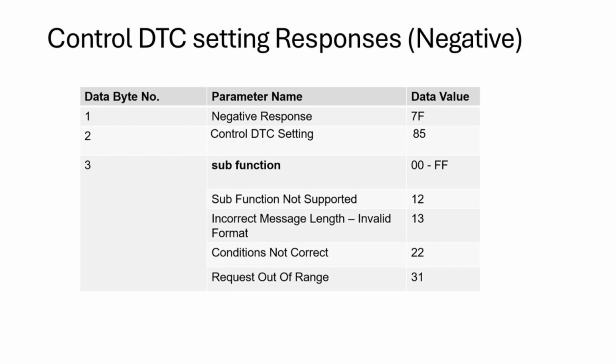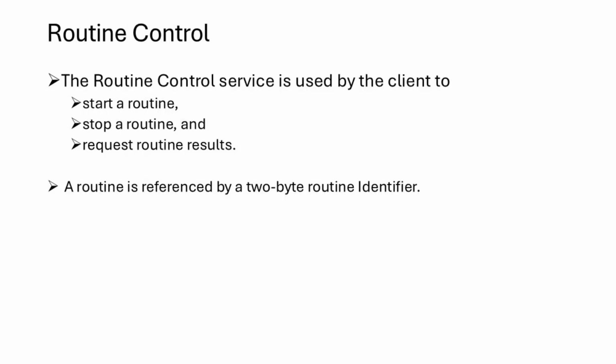Routine control. The routine control service is used by the client to start a routine, stop a routine, and request routine results. A routine is referred to by a 2-byte routine identifier. Like you have 31, 01, 02. So 31 is routine control.